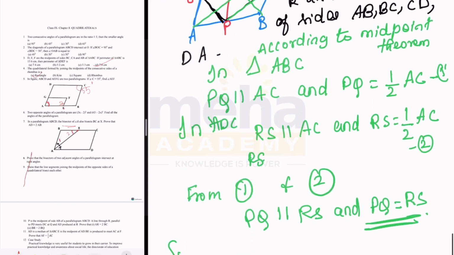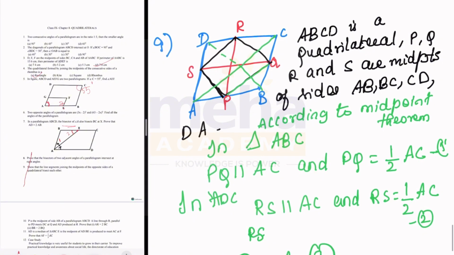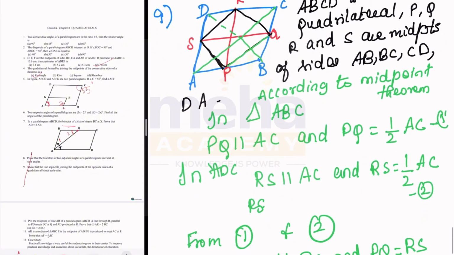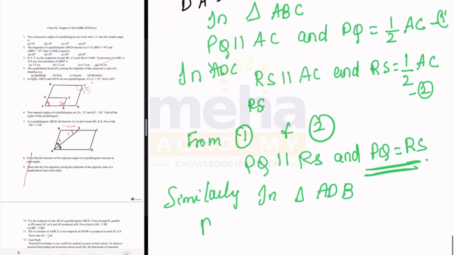Similarly, in triangle ADB, we know that SP, or PS, is parallel to DB and PS is equal to half of DB.